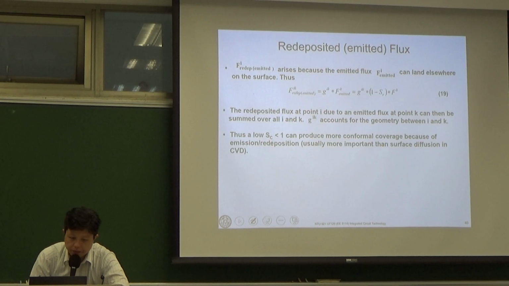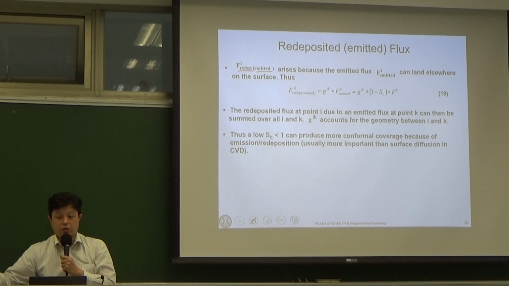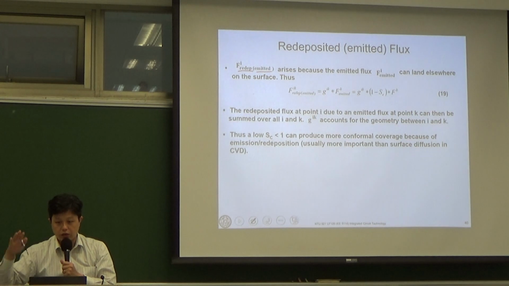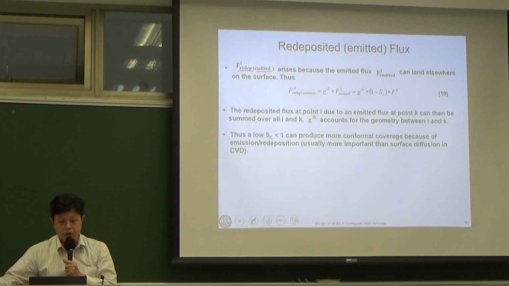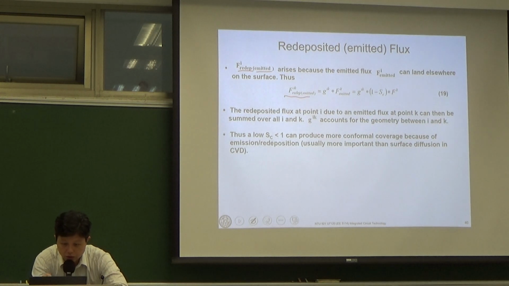This emitted term can result in a redeposition term, because we emit out and it is going to redeposit at another position. You will land somewhere else. So we have this redeposition term coming from the re-emitted term, which we just mentioned on the last page.